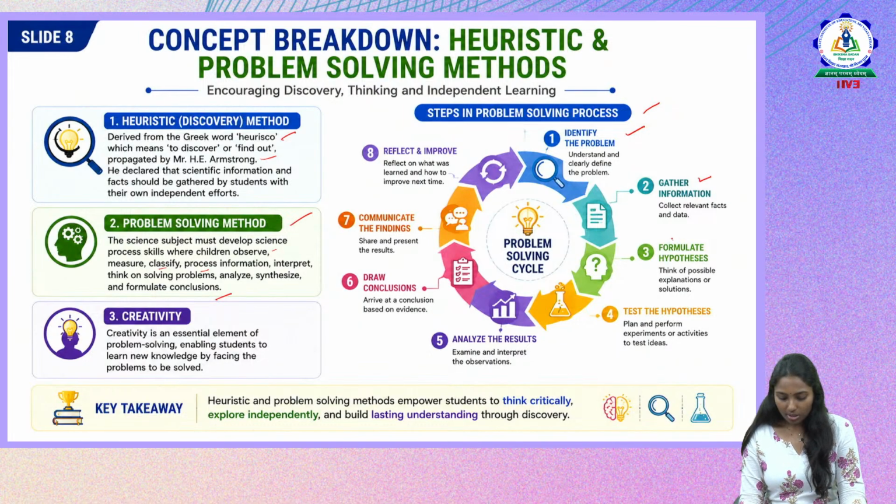A hypothesis you can understand as a cause and effect. For example, if-then kind of statements can be formulated in the case of a hypothesis. It's also called an educated guess, that you know for sure this will happen.